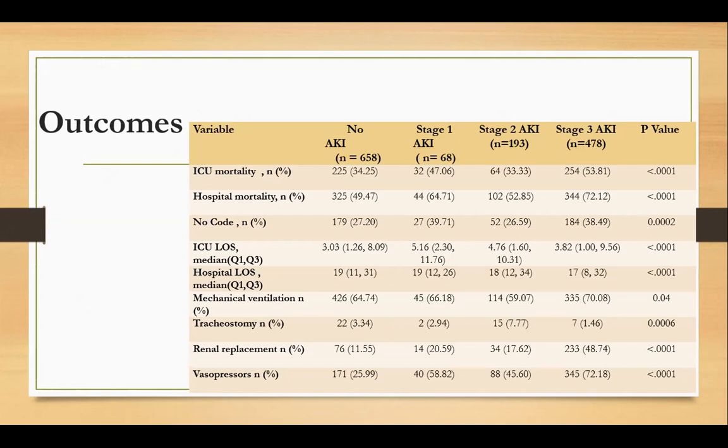Patients with advanced AKI were more often addressed as no code status. And the ICU length of stay and hospital stay were higher in the AKI group versus the non-AKI group. Renal replacement and vasopressor use were high in the stage 3 AKI group.